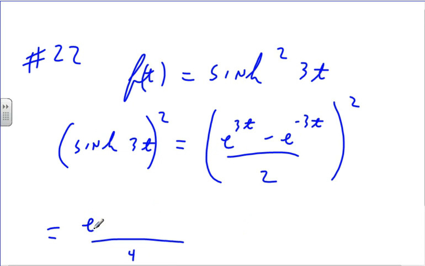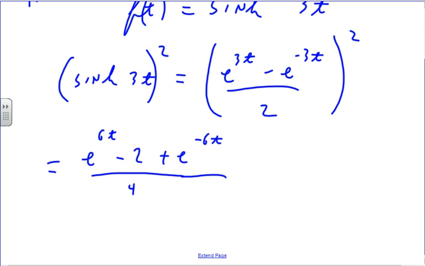And we get e to the 6t, and then we get minus 2 plus e to the minus 6t. Would we not? Is that what we would get? Square that guy, square this guy, 2 times those guys multiplied together?